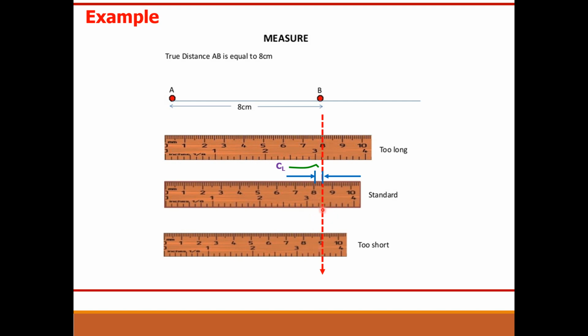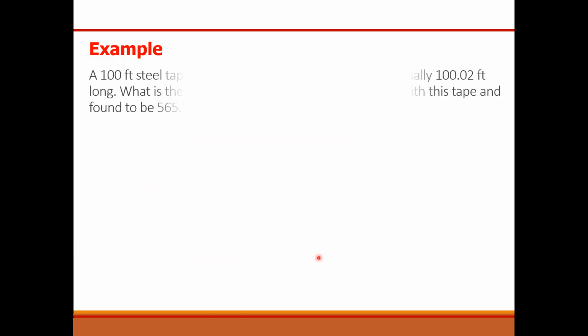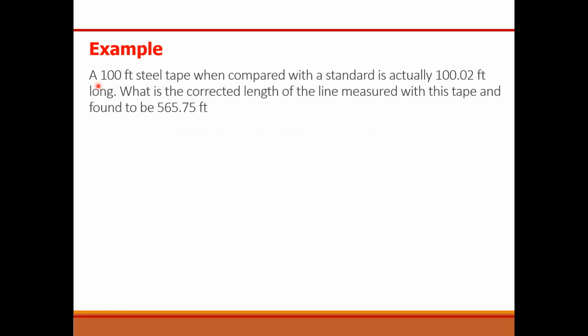Okay, the standard value was 8.5, while due to shrinkage of the tape, we are getting a value of 9 centimeters. It means whenever we are facing this type of problem, that our tape is too short, we have to subtract the value of CL from the measured tape value. Okay, we shall discuss it one by one in an example so that the concept is clear to you.